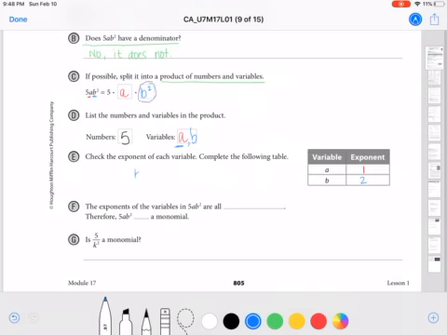Remember that B squared is really just B times B. So the exponents of the variables in 5ab squared are all what? Well, they're all whole numbers. Therefore 5ab squared is a monomial.